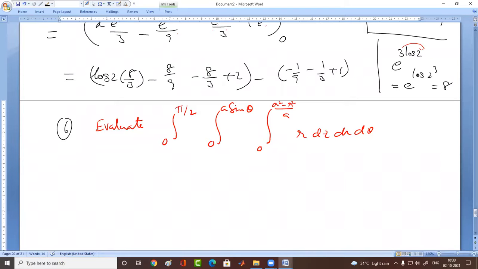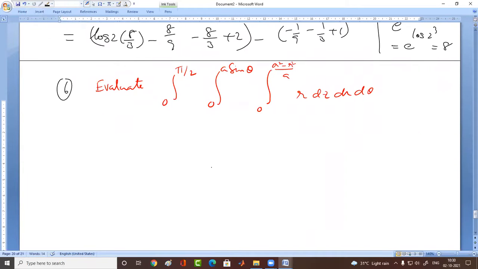Okay, I will check whether the question is correct or not, in case there is any calculation error. 0 to pi/2, 0 to a sin theta, 0 to (a squared minus r squared)/a. Very good, correct. Listen carefully. This is also a most important question from the examination point of view. You may get the same question in the mid-examination or maybe in the final examination, you can't say.